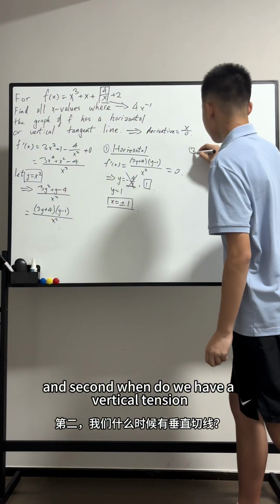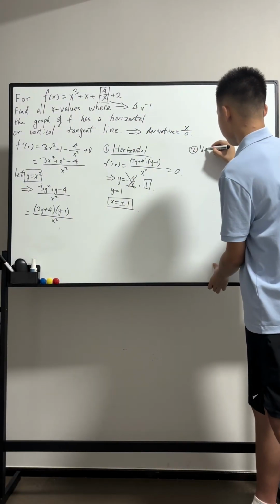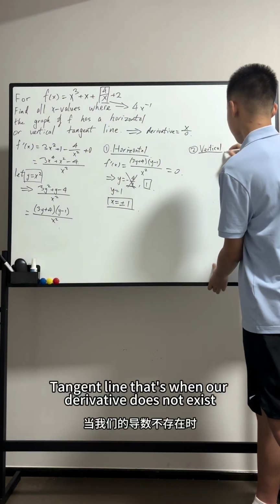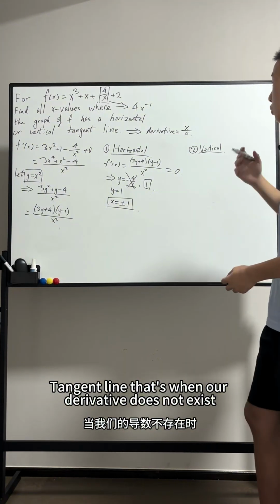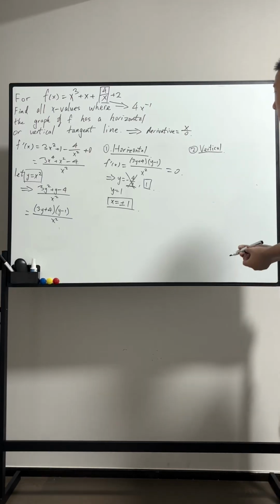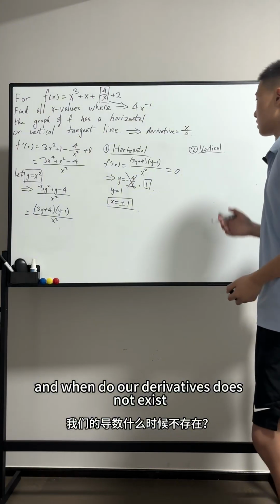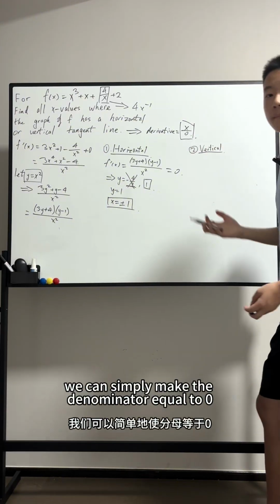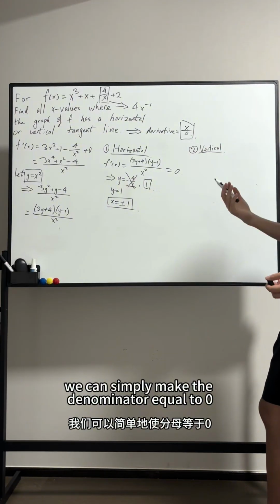And second, when do we have a vertical tangent line? Vertical tangent line, that's when our derivative does not exist. And when does our derivative not exist? As I just listed here, we can simply make the denominator equal to 0.